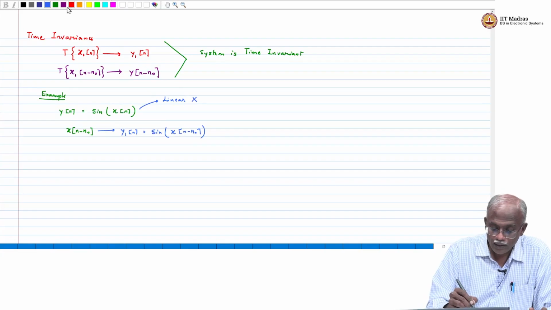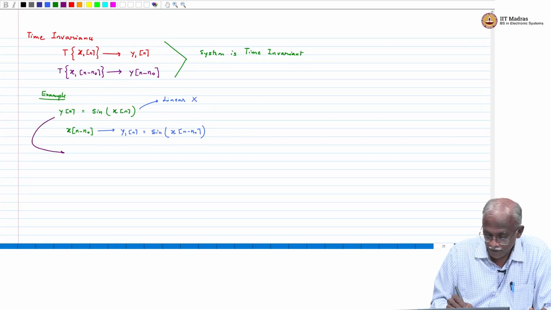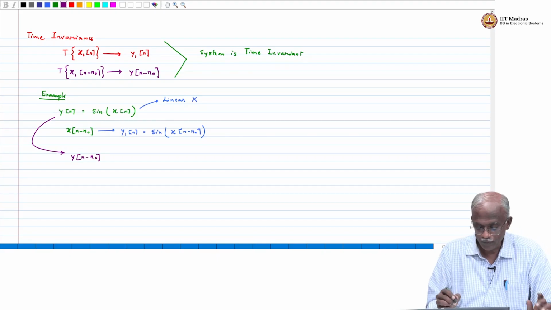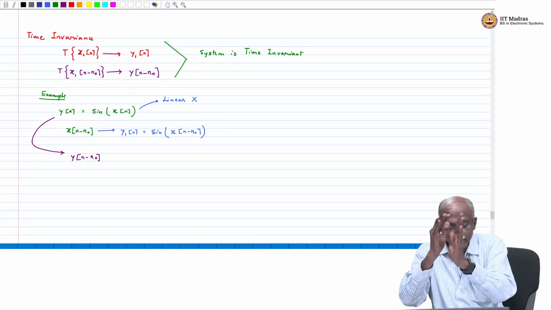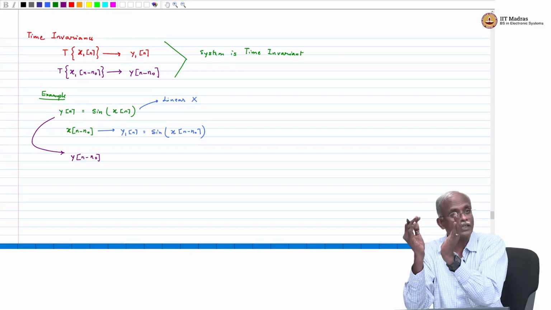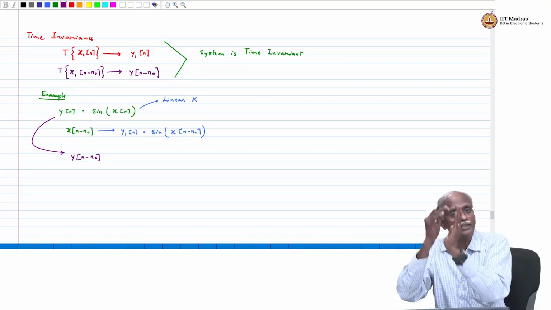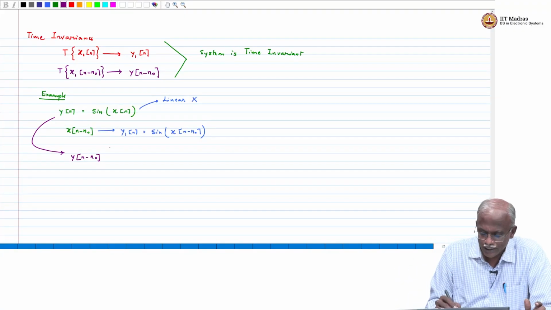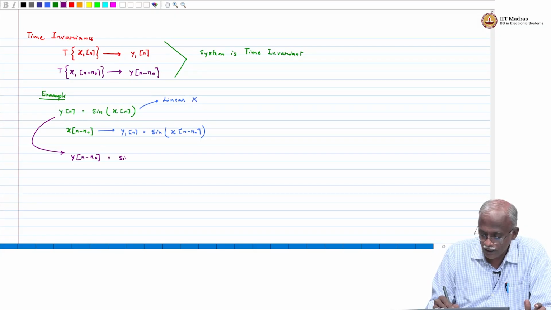Take my original y of n and delay it by n naught units of time, y of n minus n naught. Where does n occur? It occurs as the argument of sine. Sine has an argument x, which is a sequence that has an argument n. So this will be equal to sine of x, where the argument comes out to be n minus n naught. This is the same as y1 of n.